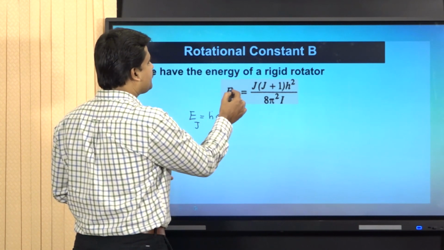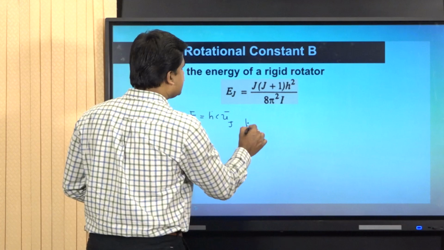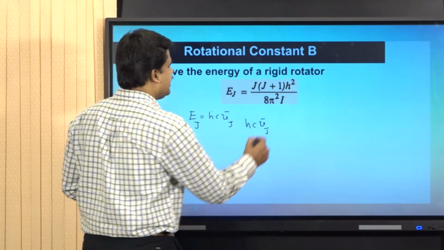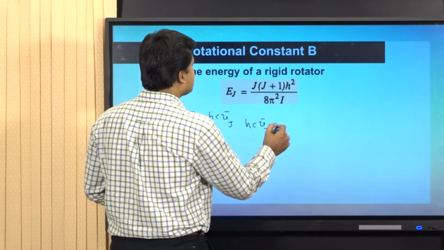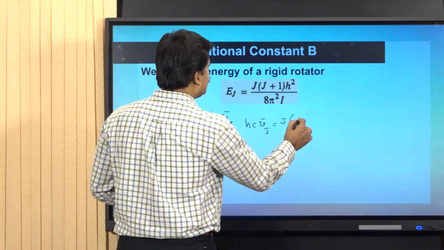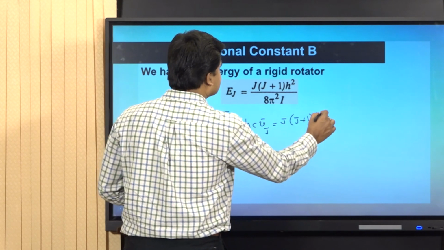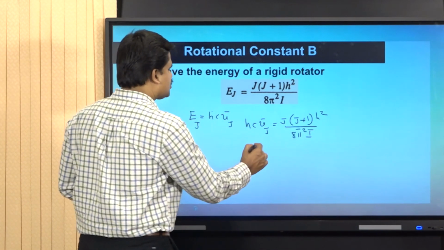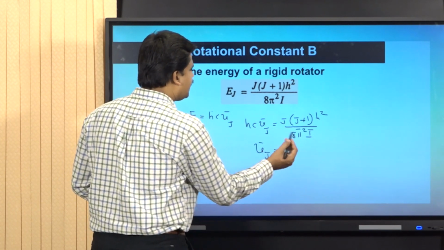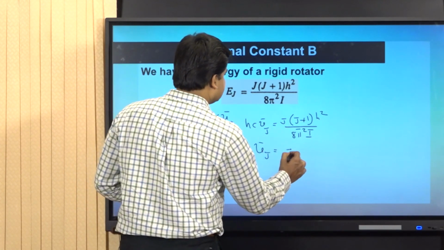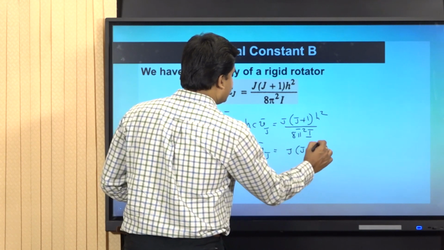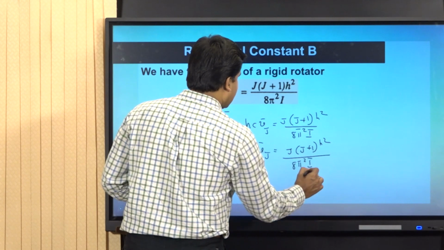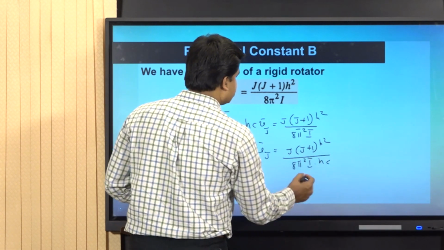Instead of EJ, I can put hc nu bar j, and hc nu bar j is equal to J into J plus 1 h square divided by 8 pi square I. So nu bar j can be represented as J into J plus 1 h square divided by 8 pi square I into hc.